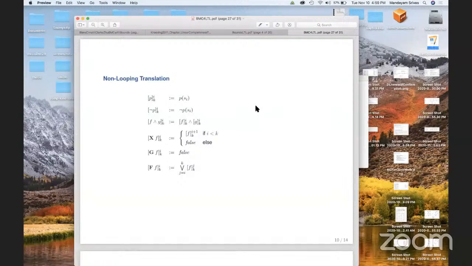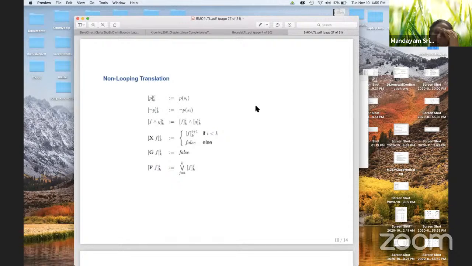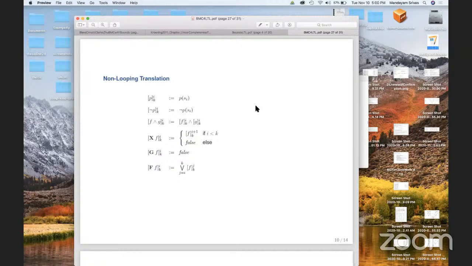Now each of these formulas will have to be expanded again, right? Correct, okay? The nesting of these things is only as big as the formula size, okay? Yes, the recursive depth is the formula size.